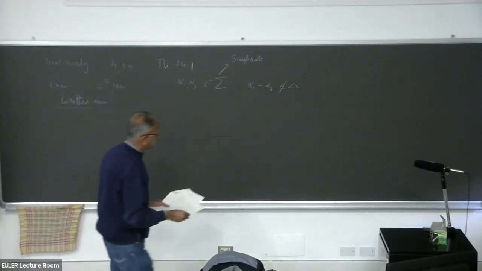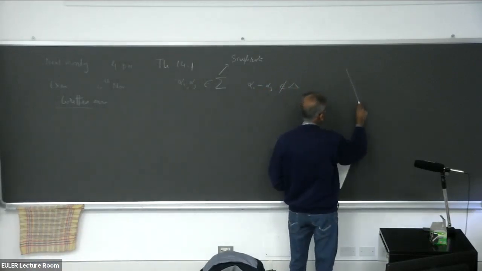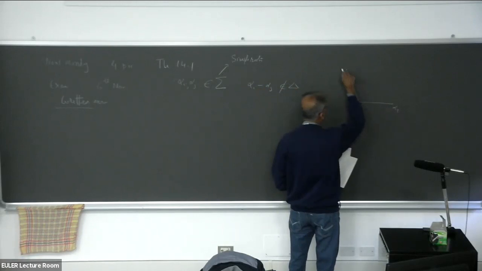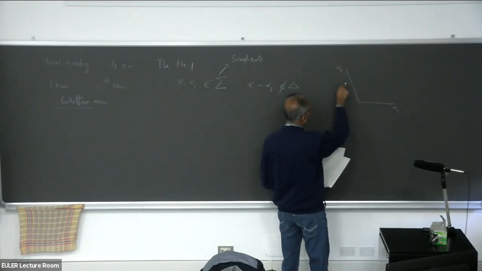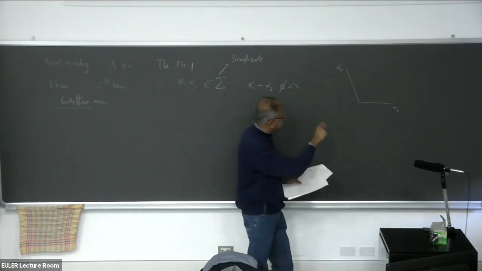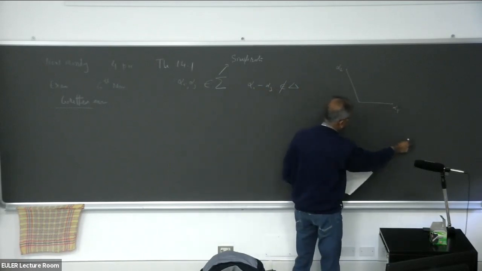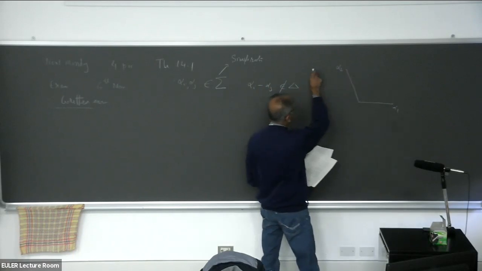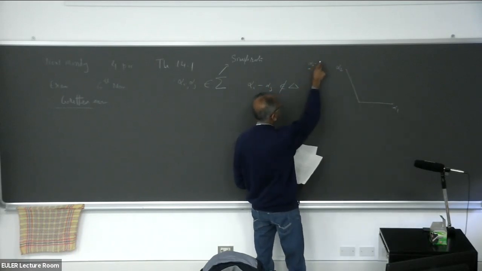So it was again exactly like what we had for the SU3 case. In the SU3 case, we had alpha 1, alpha 2, these were the simple roots. If you take alpha 2 minus alpha 1, this was not a root, and the same thing if I take alpha 1 minus alpha 2.